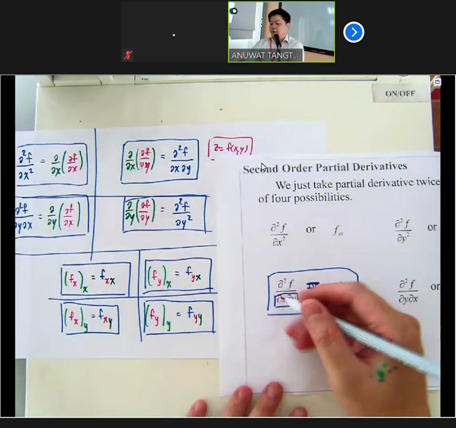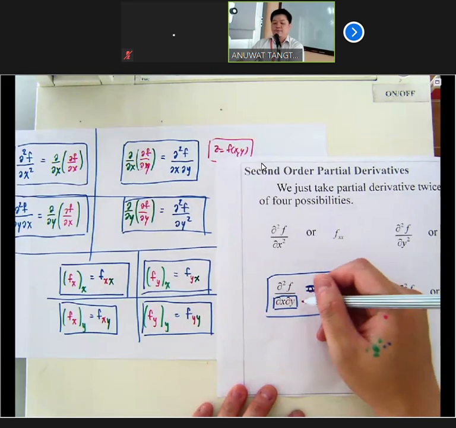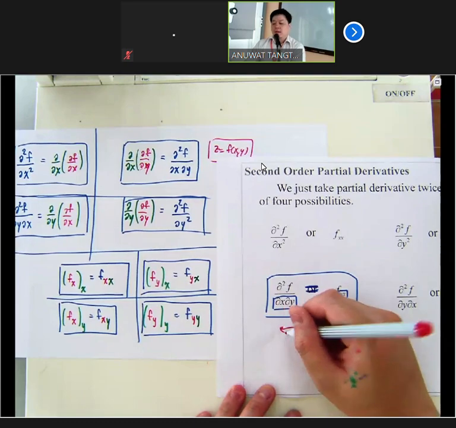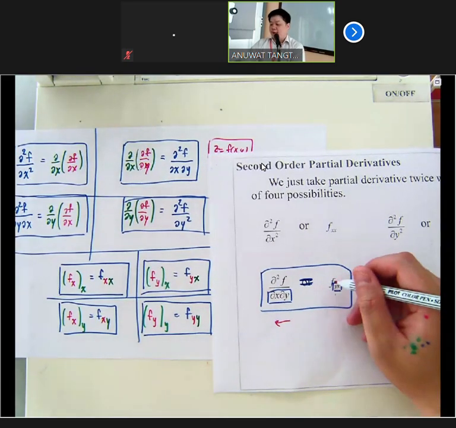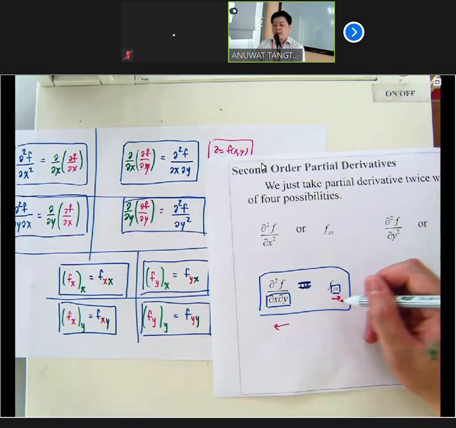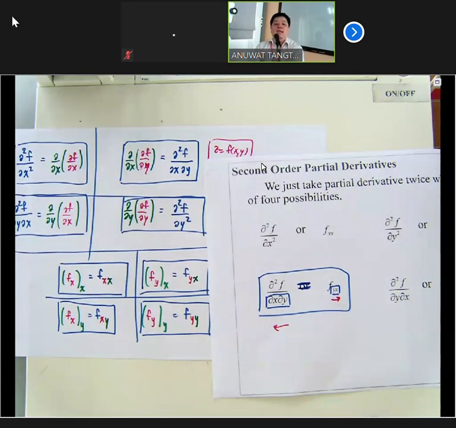When we use the d notation, the order of derivative comes from right to left. That means we do dy first and then dx later. But when we do subscript notation, we differentiate with y first and x later, so the order would be from left to right.